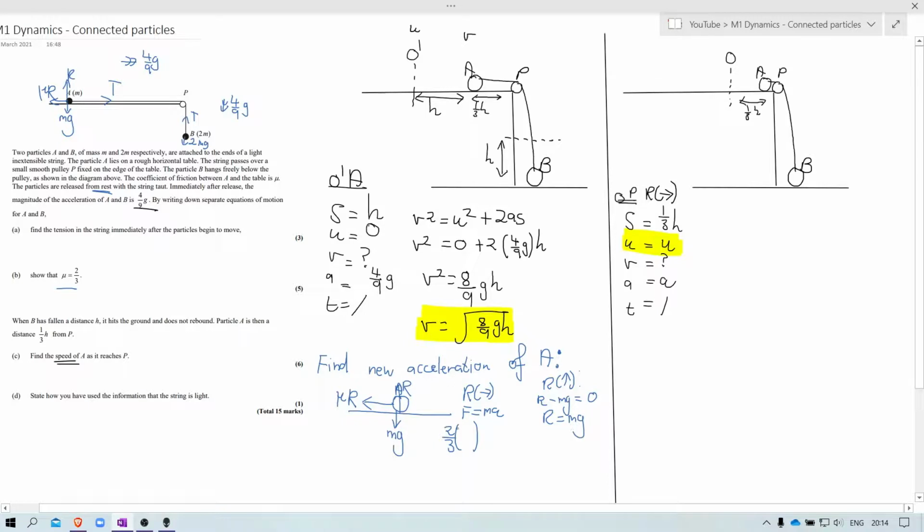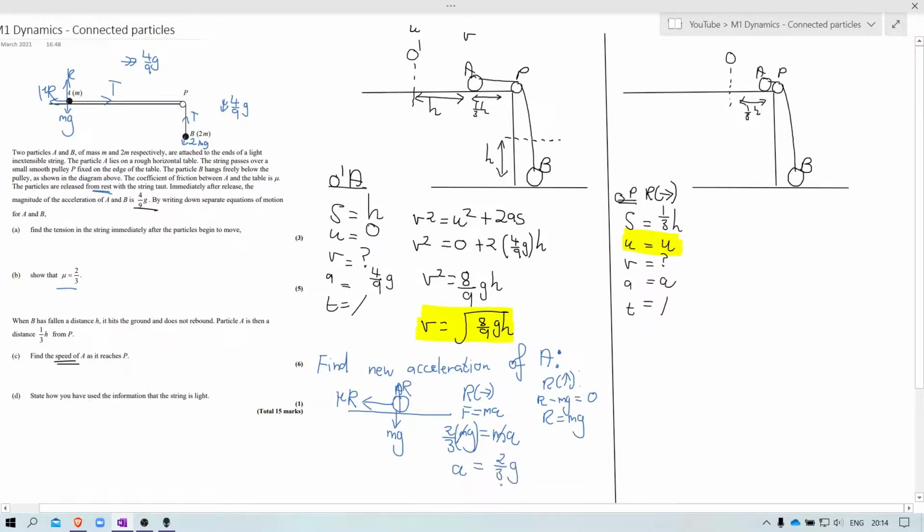So R is just equal to mg, and that's equal to ma, because the mass of A is m. Now we can cross out the m's, and that means the acceleration is going to be 2/3 of g.